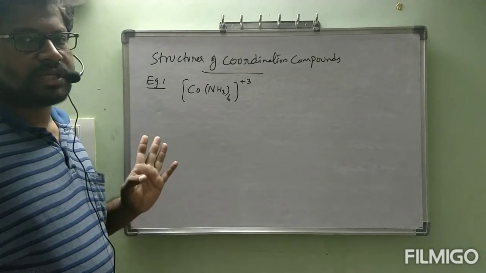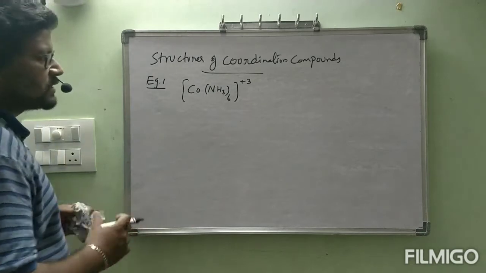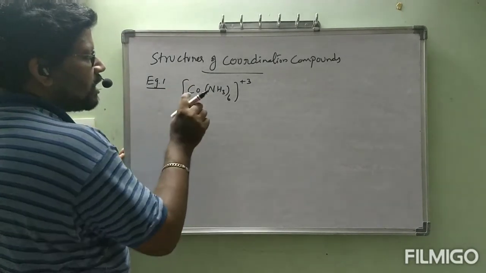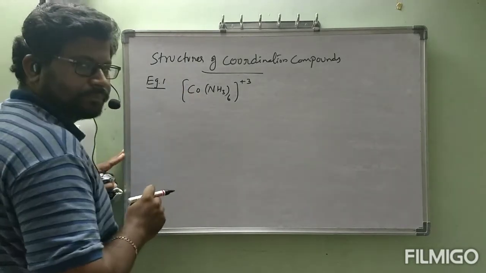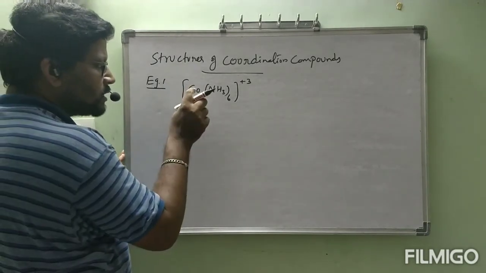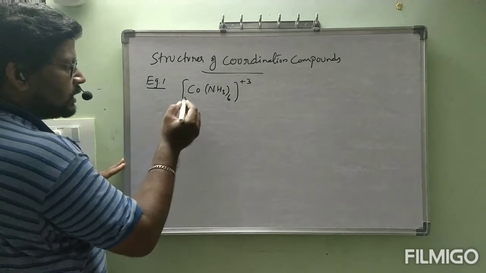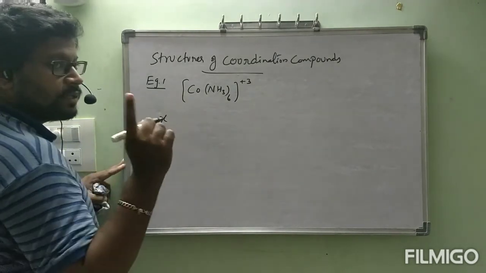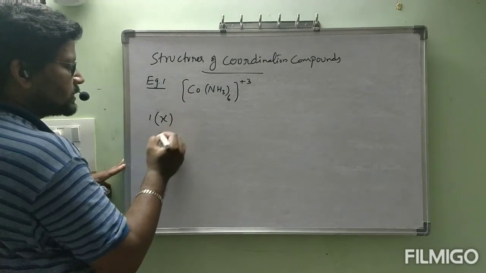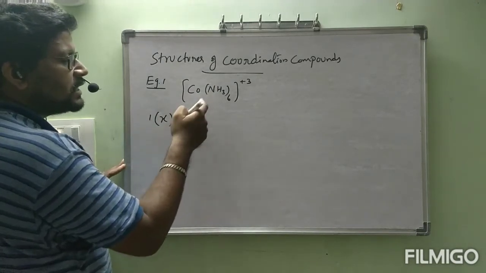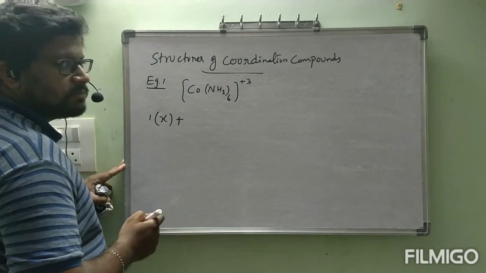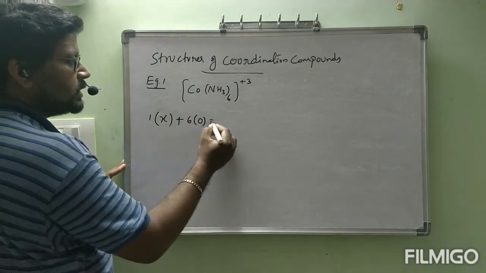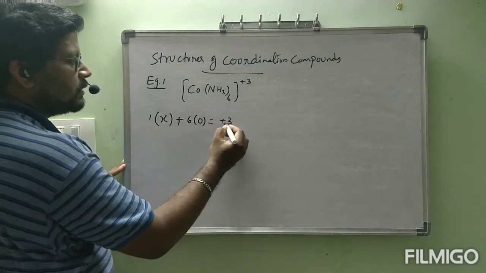What about the structure? Let us see. First, I would like to find the oxidation number of cobalt. Let the oxidation number of cobalt be X. How many cobalt are there? 1. So 1 into X plus, NH3 is a neutral ligand, so the charge on NH3 is 0, 6 into 0, is equal to plus 3.